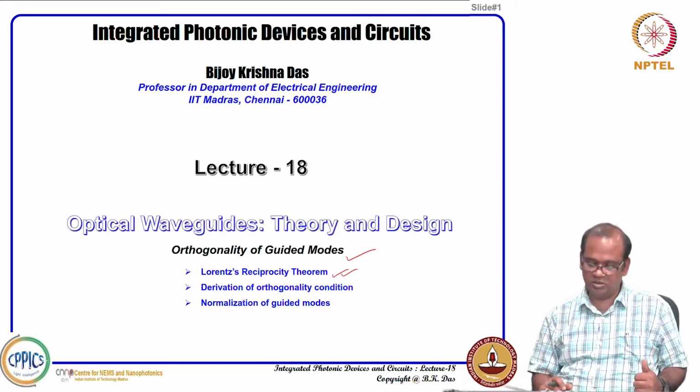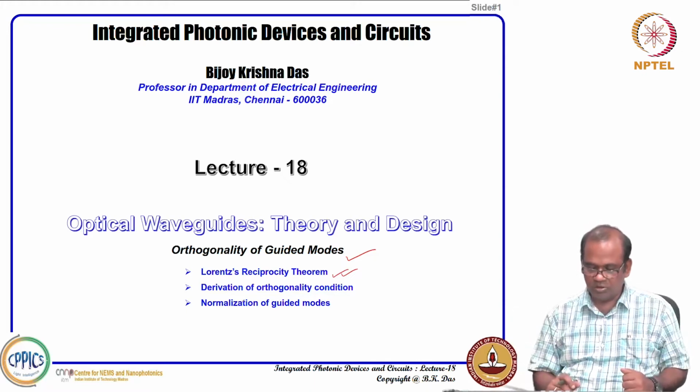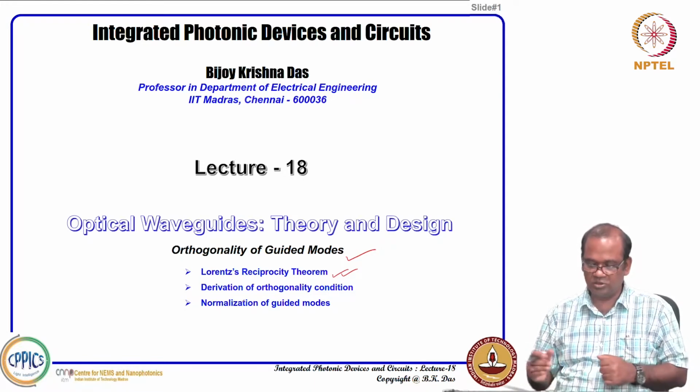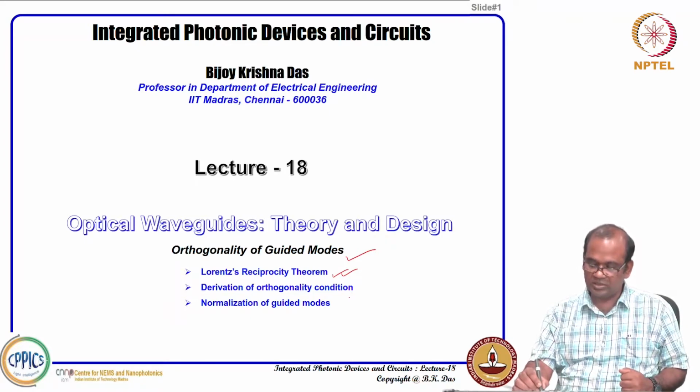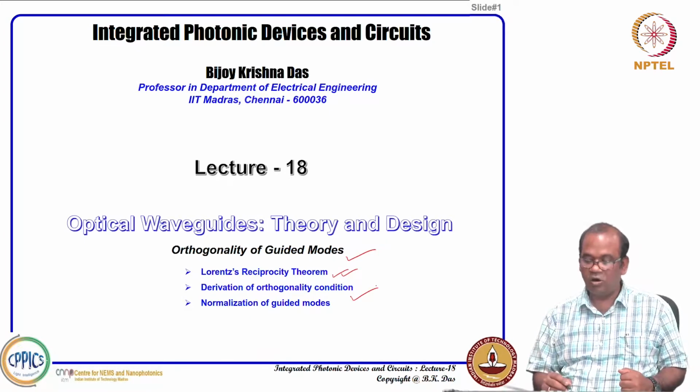We'll discuss that and prove the relation, how it is derived. That theorem is then used to show that the guided modes in a waveguide are orthogonal, so we will discuss the derivation of the orthogonality condition.